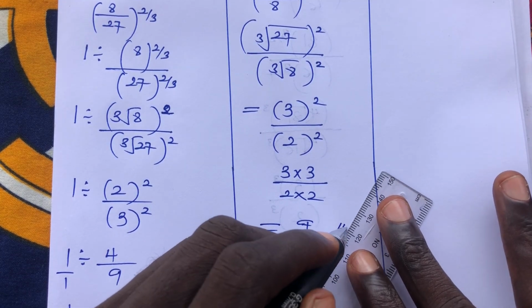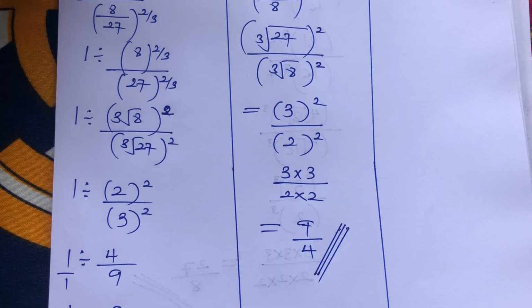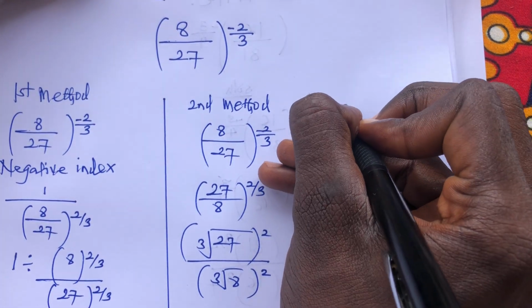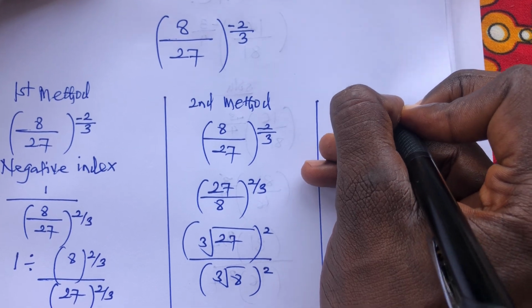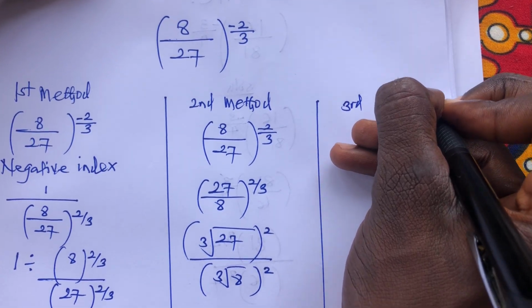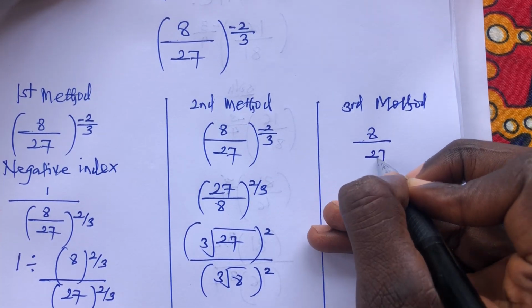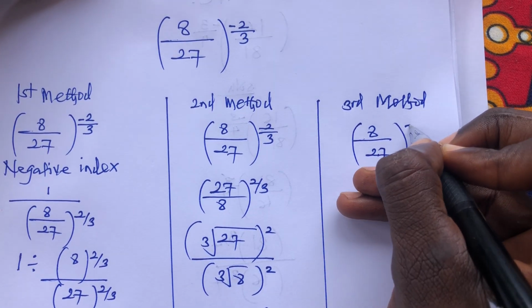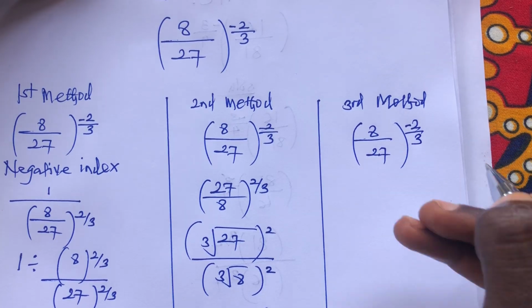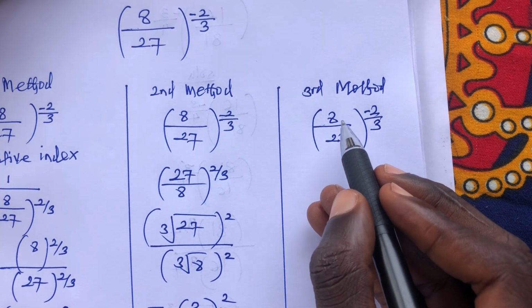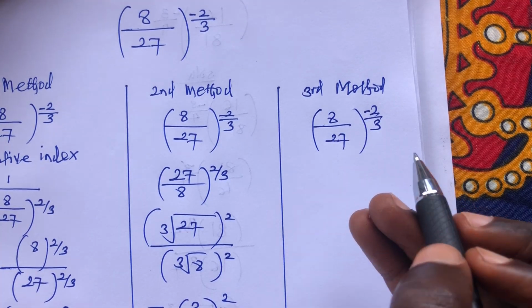Now let's look at the last one, where we are going to use the index notation. We say this is our third method. Since the question reads as 8 divided by 27 raised to the power negative 2 divided by 3, let's express 8 in its index notation.